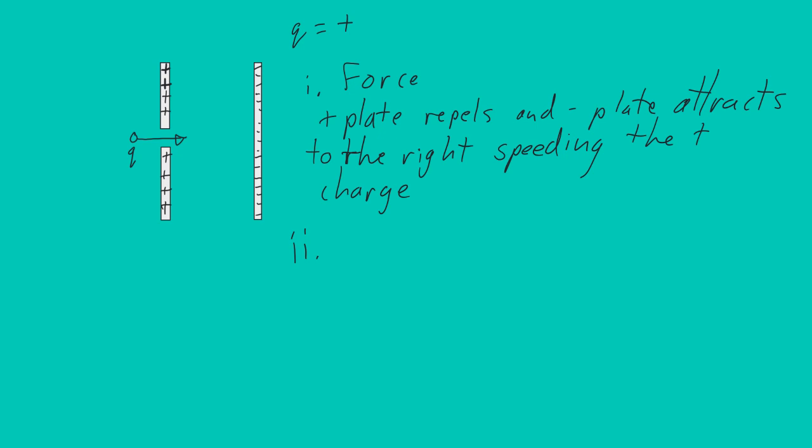So for energy, we can still think about this hill. When we're really close to the positive plate, we have a lot of potential energy, and that means that we will be getting faster and faster as we roll down our electric hill. If the charge is negative, it's going to flip around.